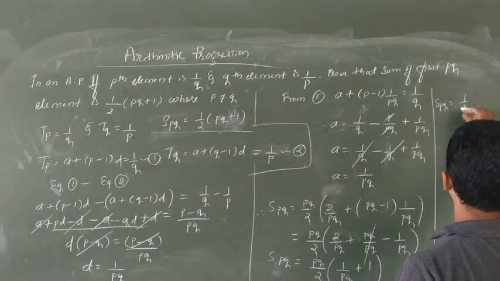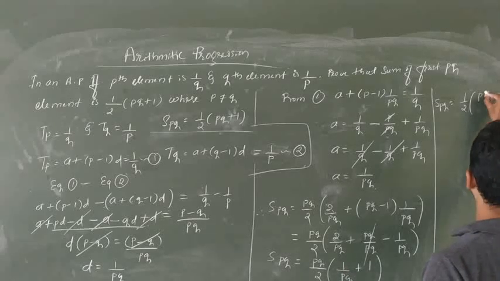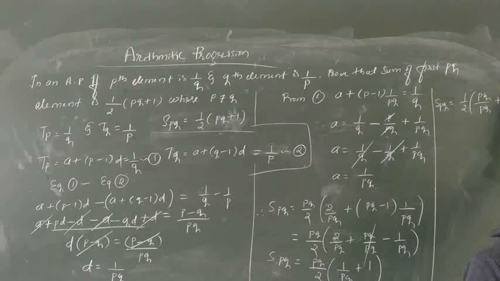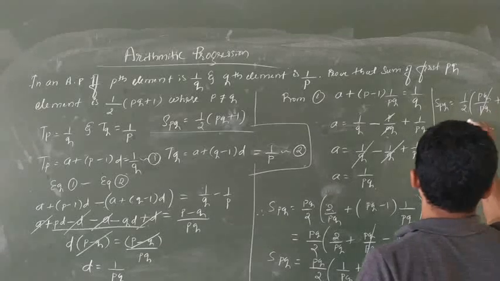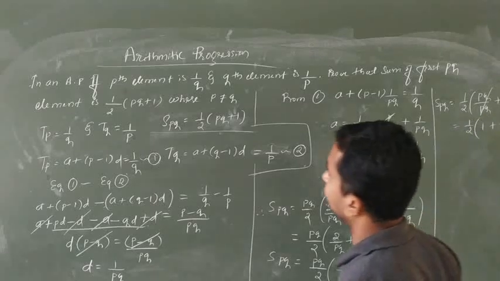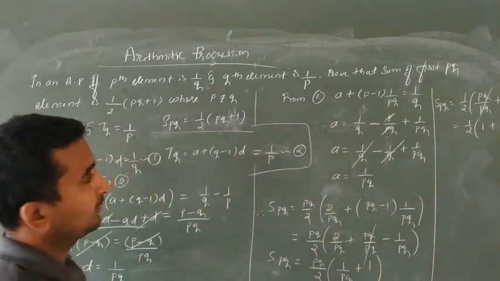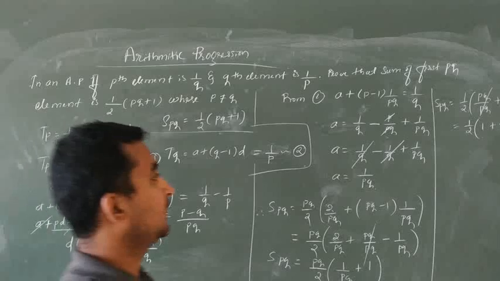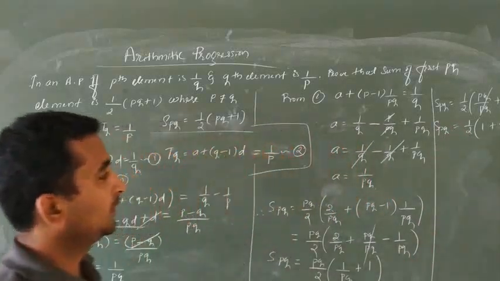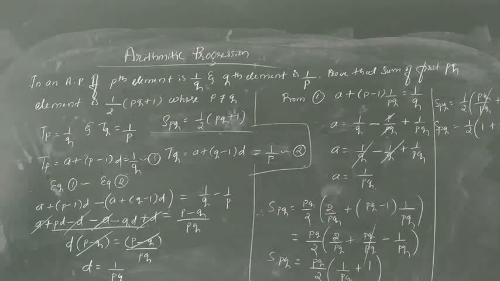That gives pq divided by pq plus pq. Then pq gets cancelled, that is 1 divided by 2, 1 plus pq. So the sum of the pq elements is 1 divided by 2, 1 plus pq.